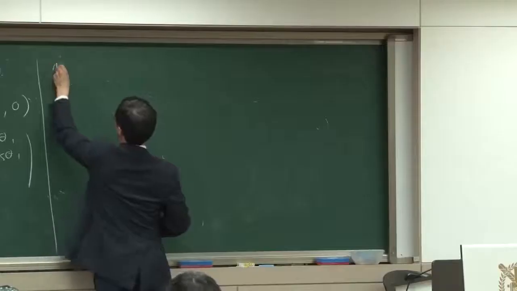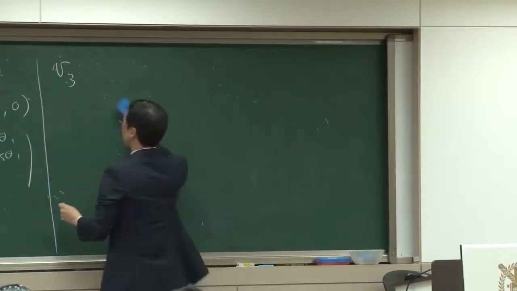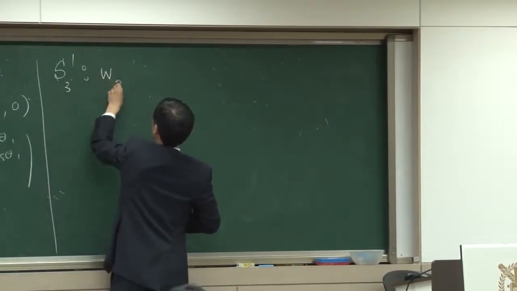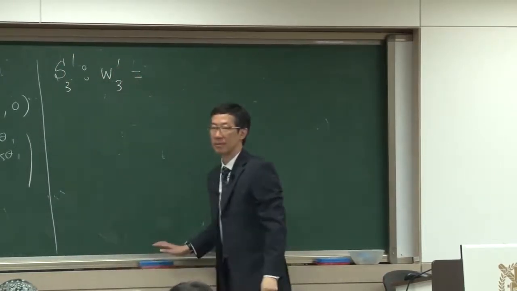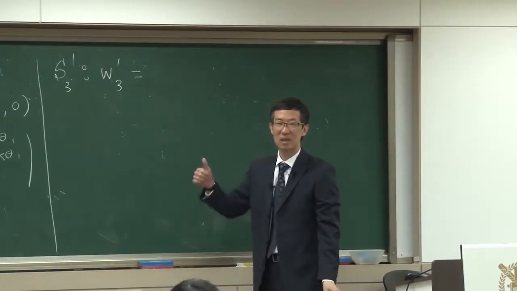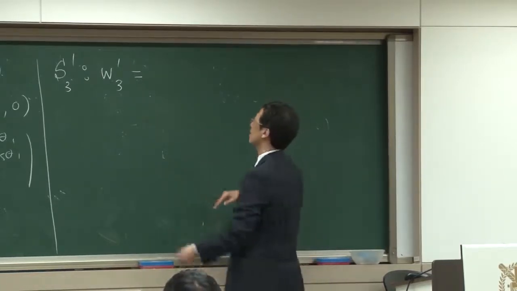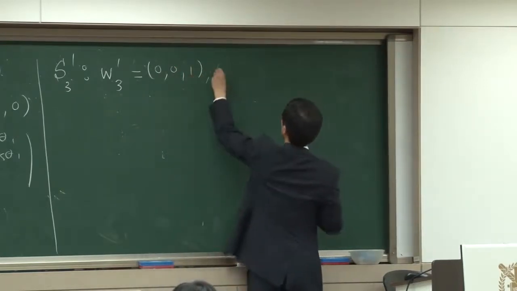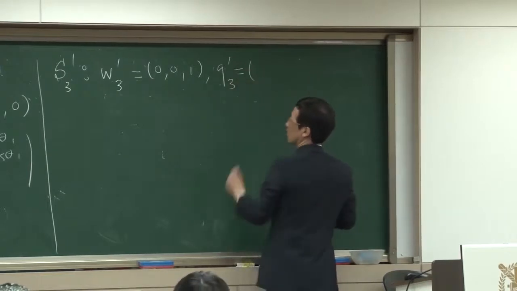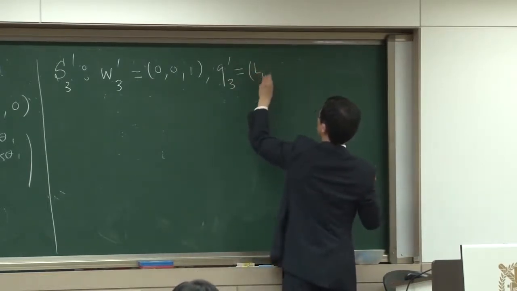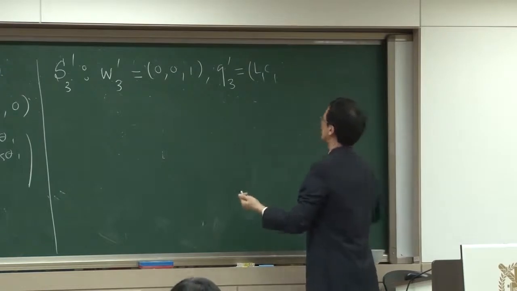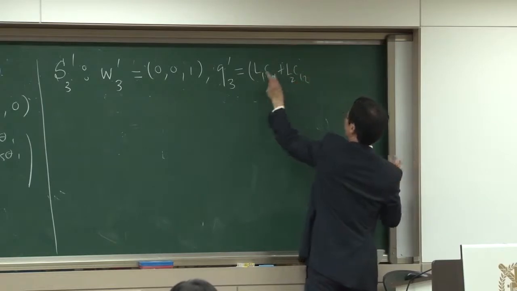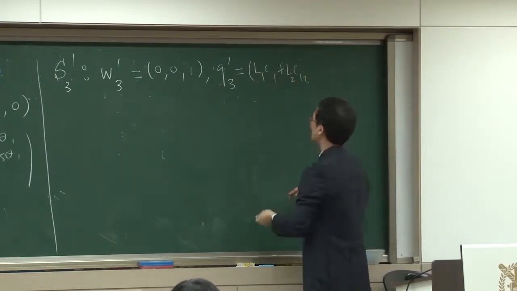Okay, v3 prime. Sorry, so let's now find s3 prime. Okay, omega 3 prime. Direction of joint axis 3, always the z axis. Okay, q3 prime. Arbitrary point on joint axis 3. Well, L1 C1 plus L2 C1. So let me use the C1 for cosine theta 1.